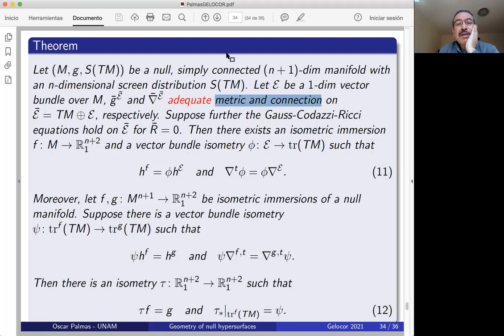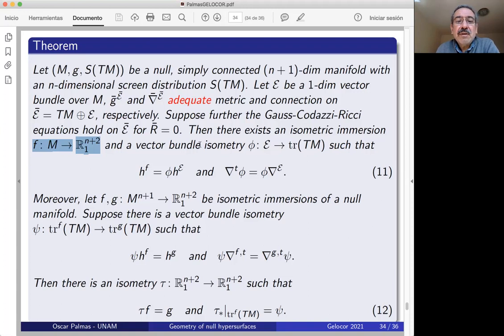And we also impose the condition that the Gauss-Codazzi-Ricci equations hold on this bundle for the case of R bar equal to 0. Then we have an isometric immersion of this null manifold into the Lorentz-Minkowski space.